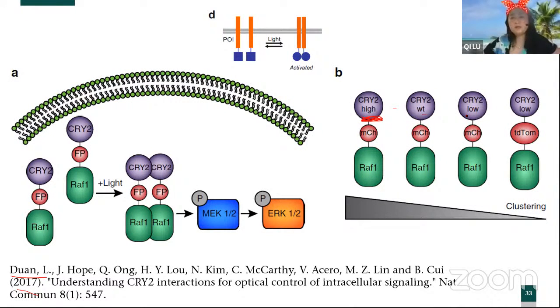They also made many mutations in CRY2 and finally found a CRY2 low variant that can reduce the homodimerization of the protein interactions, so this construct may be helpful for the heterodimerization of CRY2 with CIB1, and this construct may be important for the homodimerization between the same CRY2 proteins like this.